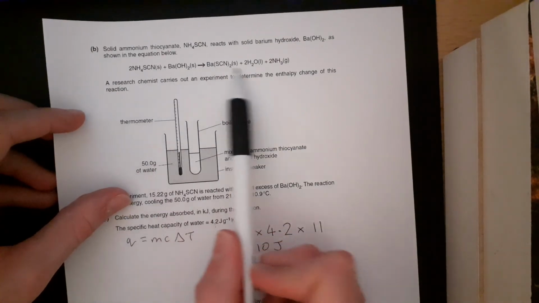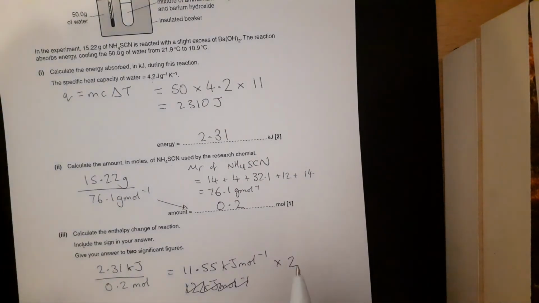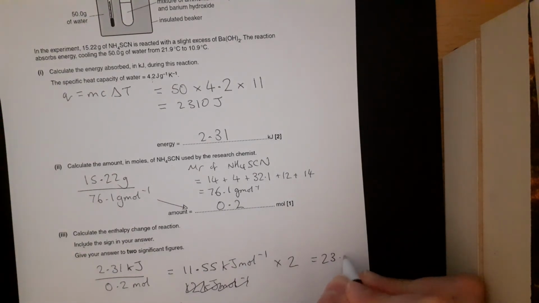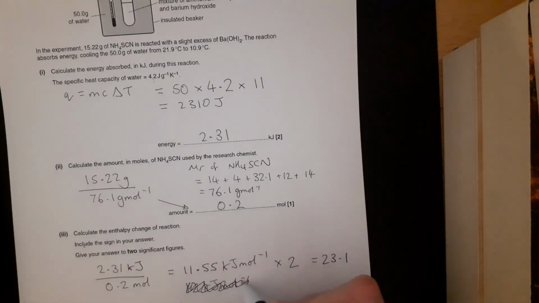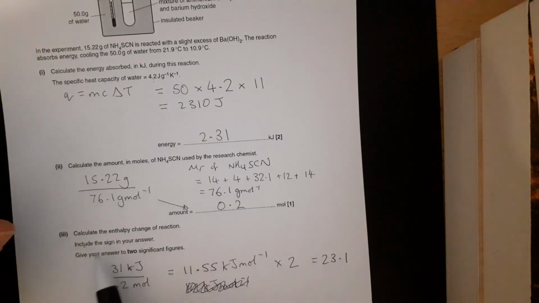So we're not going to round it to 12. We times by 2 first and get 23.1, which we round to 23, to 2 significant figures. That's a bit sneaky. I think they probably would let you get away with that, but I'm not very happy about that question. And then we do need to think about the sign.